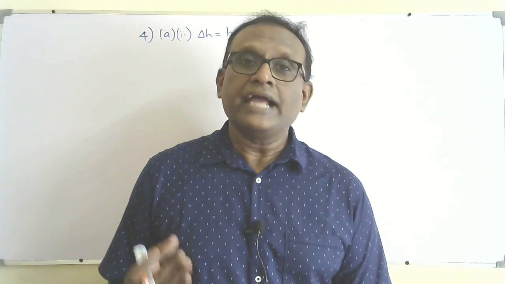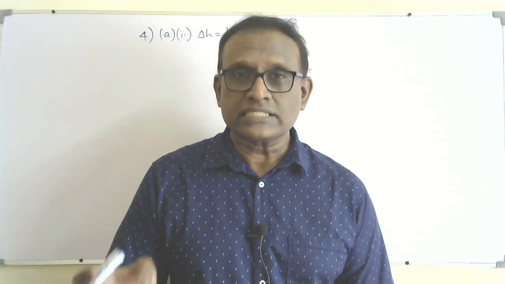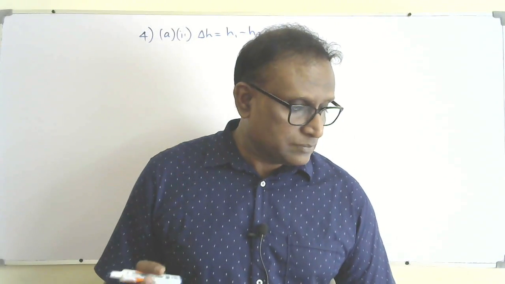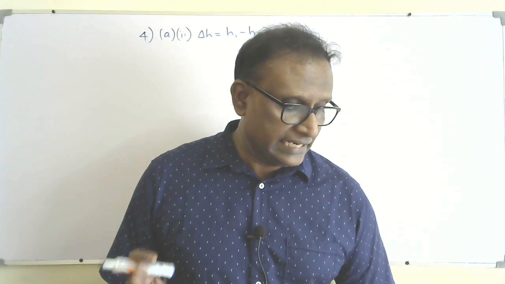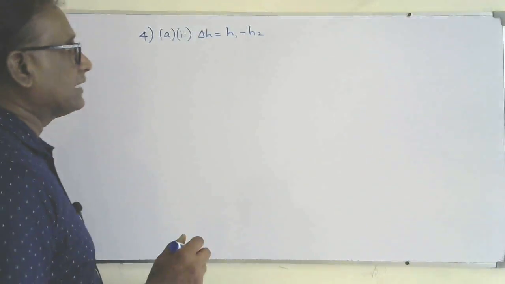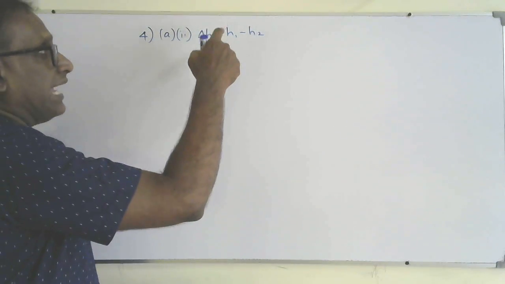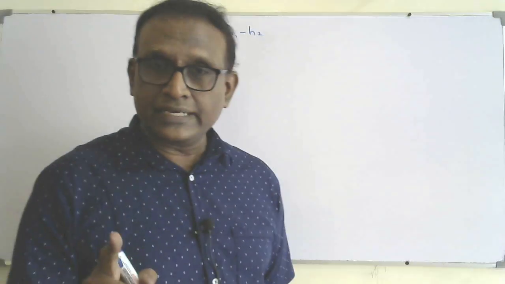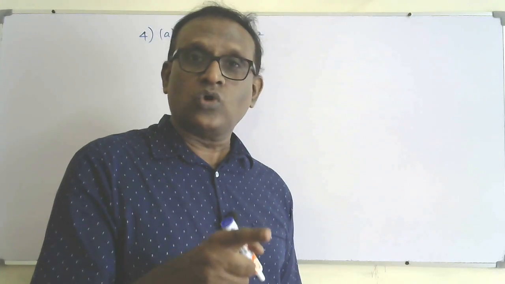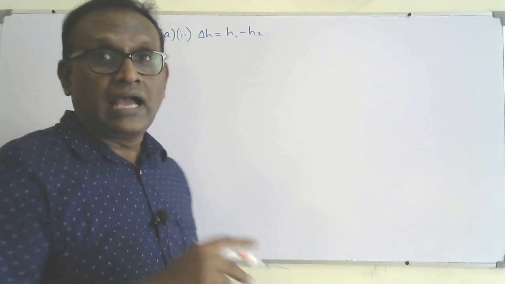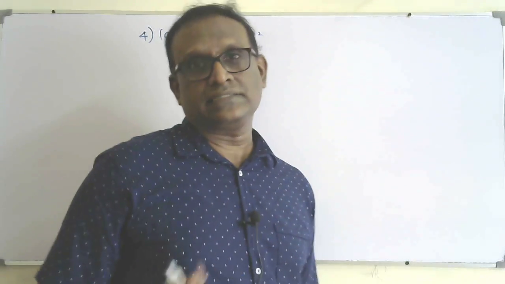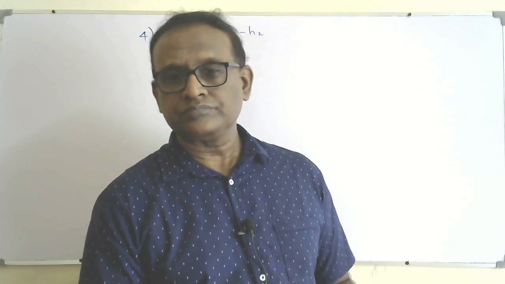I already told that whenever you are adding or subtracting measured quantities, uncertainties will be added. So the question is, explain why the uncertainty in delta h is 1 millimeter. You can give the answer like this. Uncertainty in the measurement of h1 is 0.5 millimeter. Similarly, uncertainty in h2 also 0.5 millimeter. Since they are subtracted, uncertainties must be added. That's the answer you should give.